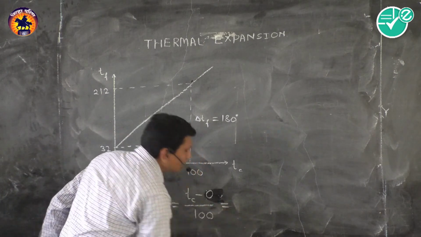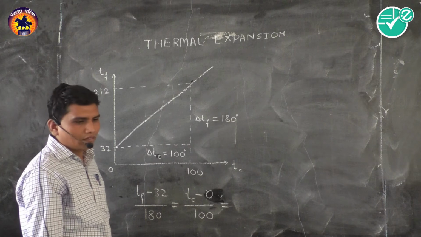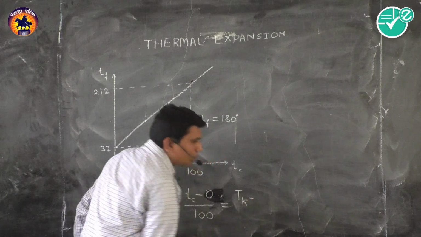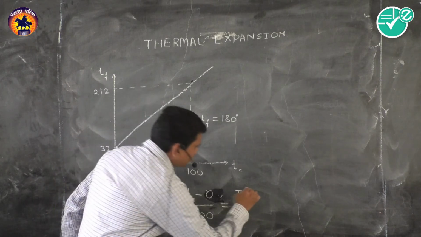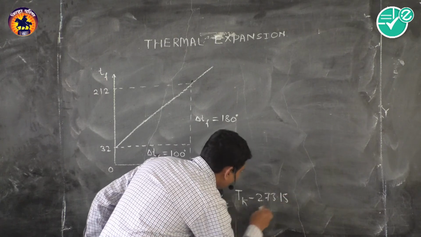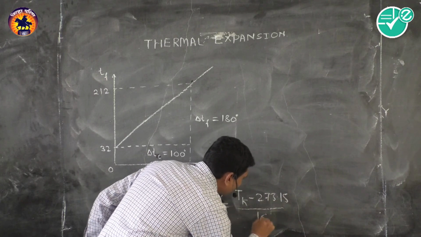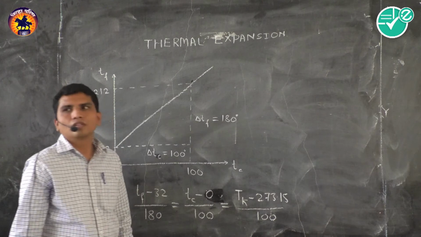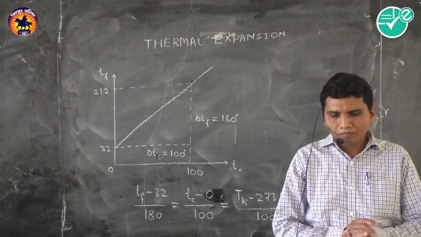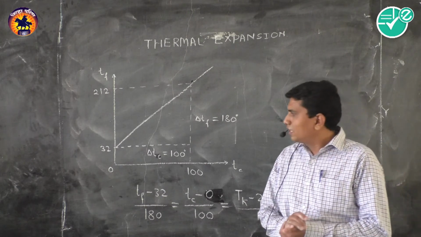For the Kelvin scale, we can write here (Tk minus 273.15) upon 100. So by using these relations, we can find the conversion factor.